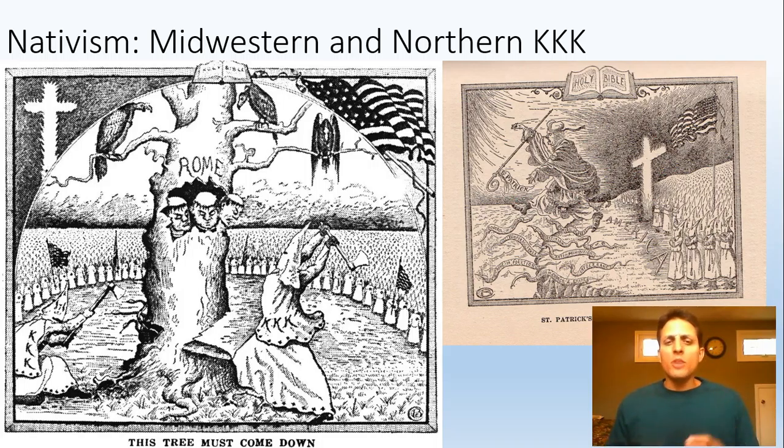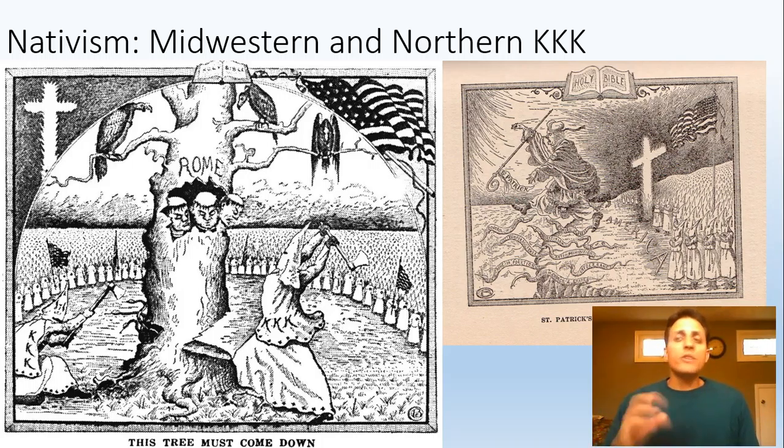It's not going to be so much a political party, as in the Know Nothing Party, but you're going to see some traditional racist organizations widen their umbrella to encompass this idea of nativism. You're going to see the second growth of the KKK.